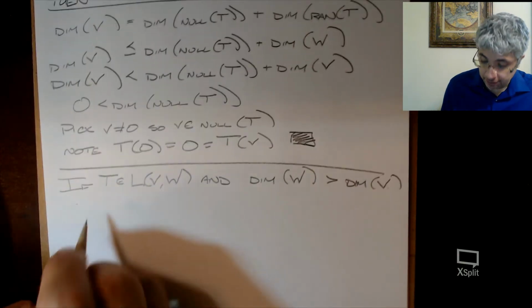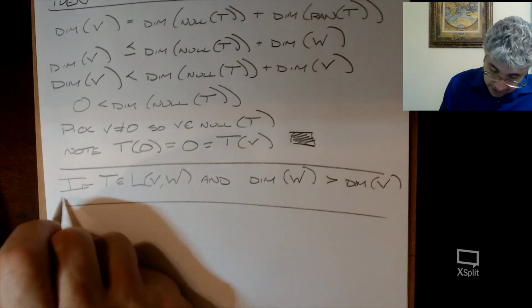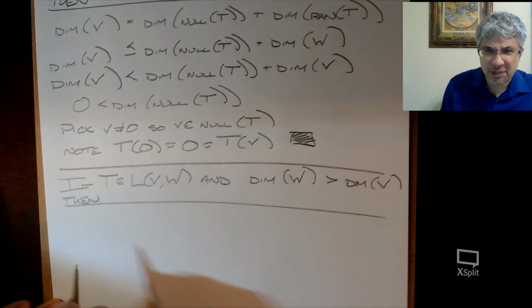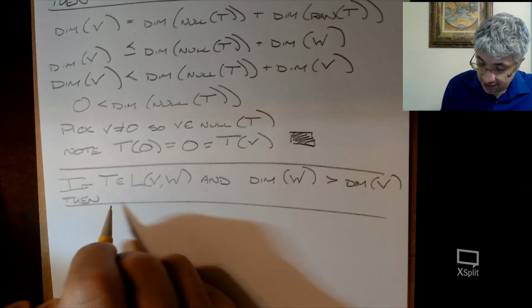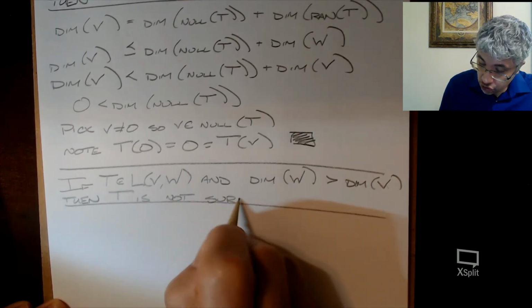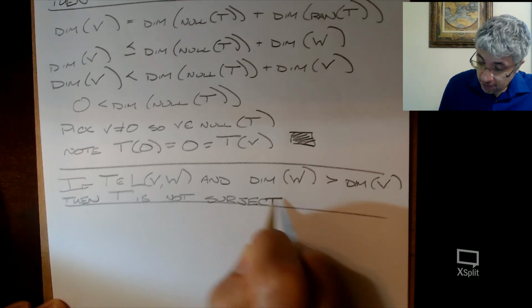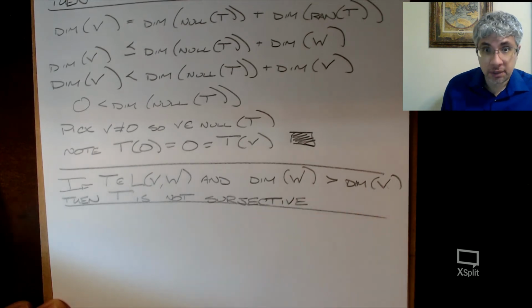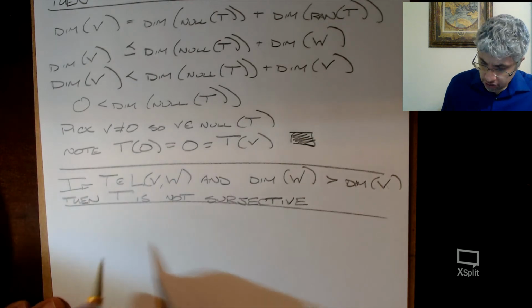Well, or I should say, otherwise I'm not really doing a proof, right? I'm doing an investigation. Then T is not surjective. It means we don't hit all of W. It means that there's some element of W that's not in the range. So let's try to figure this out.